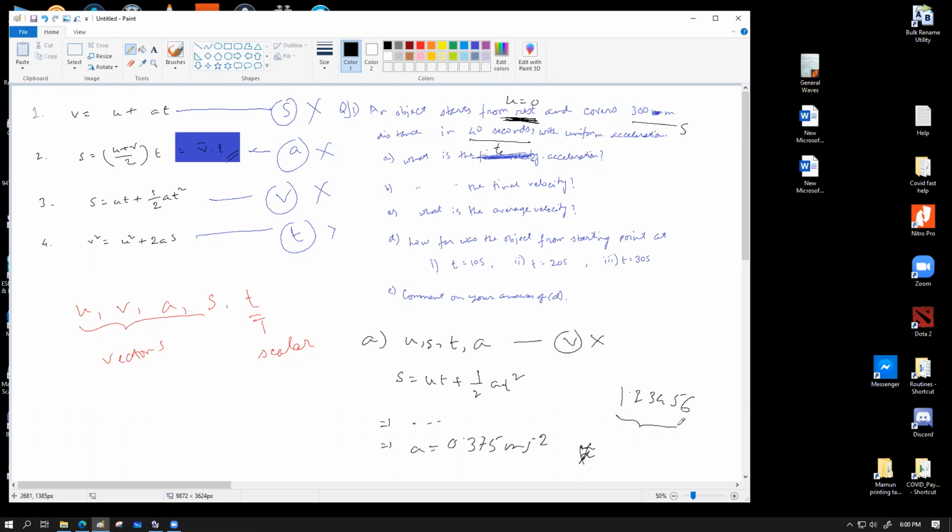But for the answer, I should preferably write it as 3SF, so 1.23 meter per second square. This would be my answer in the dot space at the bottom right corner of the question. We have a space to write the answer. I'm gonna write this one as my answer over there. But for any further calculation, I'm gonna use this non-rounded value, preferably with multiple decimal places, for more accurate calculation.